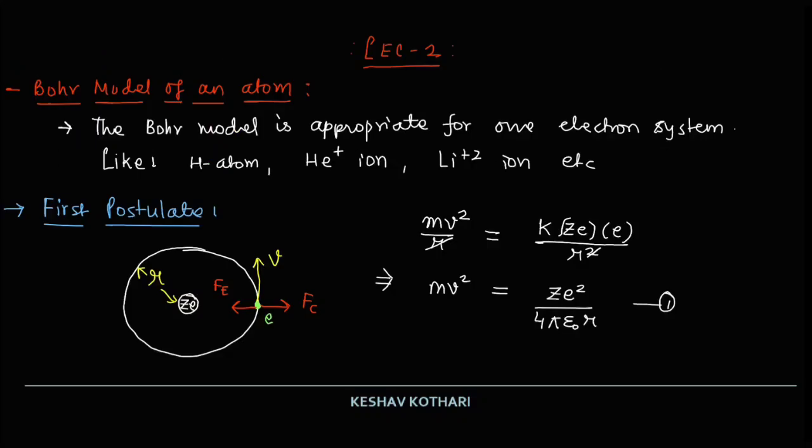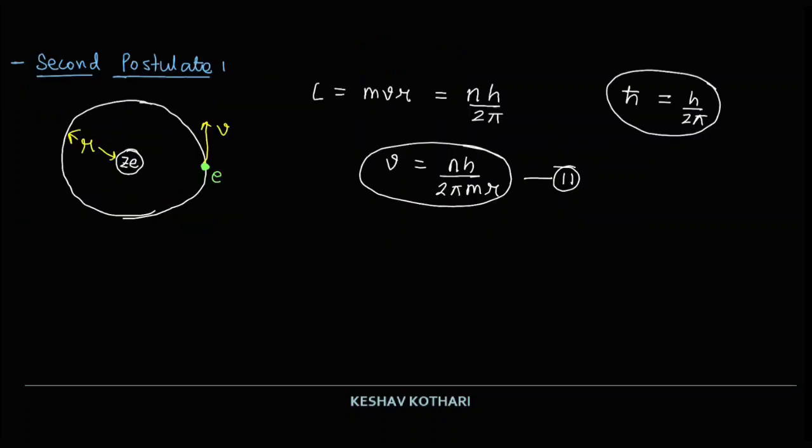r. So if I put this in this aspect, that is mv square is equal to ze square, we can write from equation number 1 that we have attained mv square is equal to ze square upon 4 pi epsilon naught r.